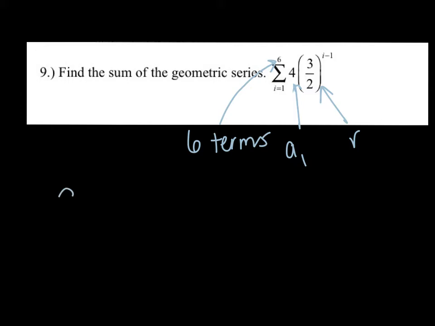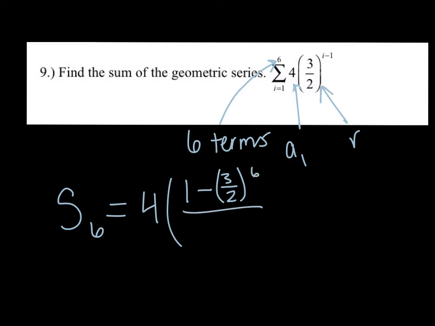So the sum of the first 6 terms equals the first term, which is 4, times 1 minus 3/2, which you could also make 1.5, to the 6th power over 1 minus 1.5.